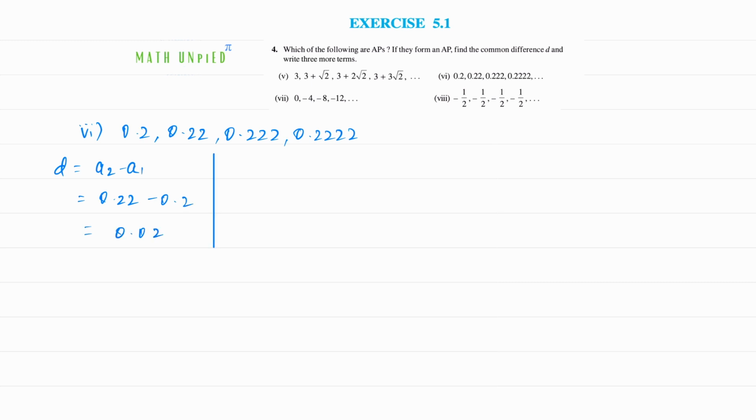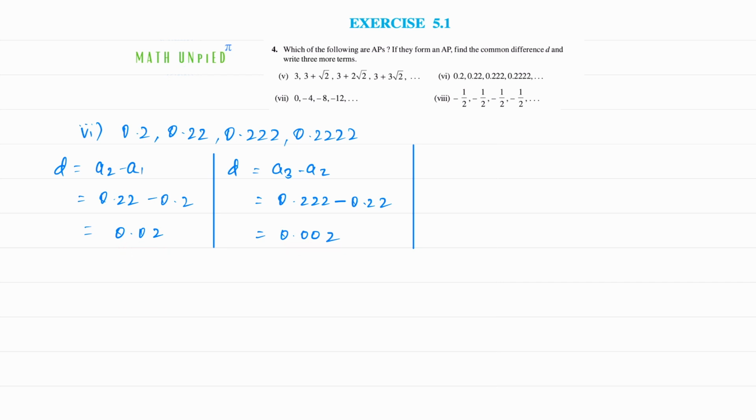Now we'll find the difference between A3 and A2. So this is 0.222 minus 0.22, which is equal to 0.002. So in fact it's enough because the difference is not same. So therefore this is not an AP.